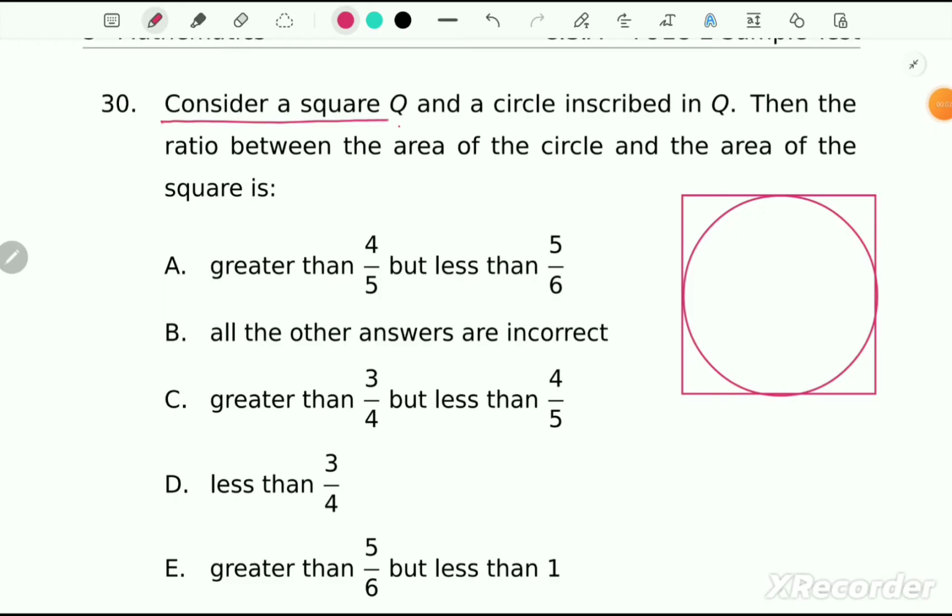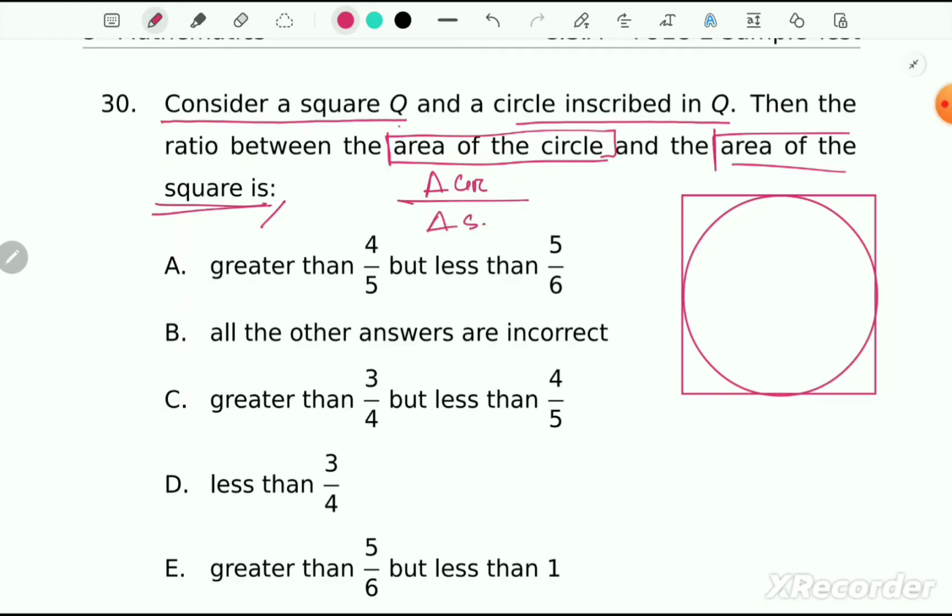Consider a square Q and a circle inscribed in Q. Then the ratio between the area of the circle and the area of the square is, okay, so we can write the area of the circle and the area of the square, and we have to find out this ratio.